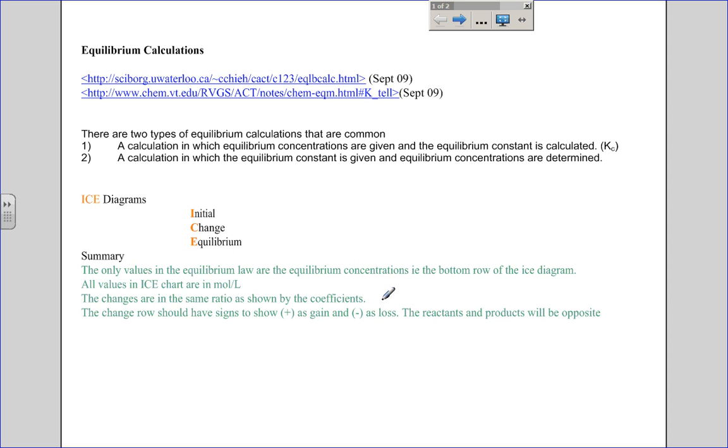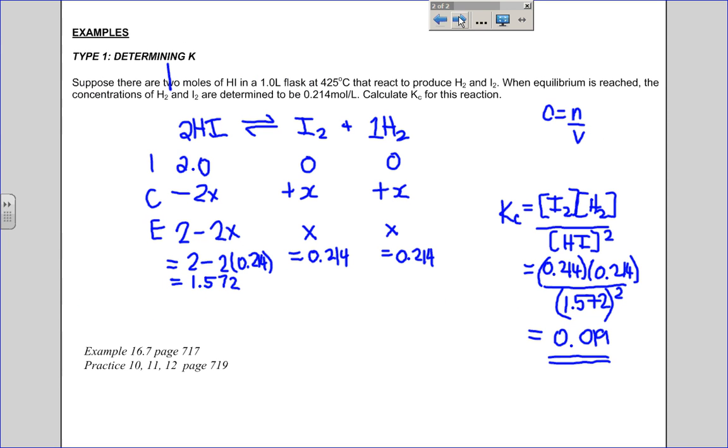So minus 2x, plus 2x, plus 3x, based on whatever the coefficient is in the balanced equation. And the change row should have signs to show the gain and the loss, and the reactants and the products are going to be opposite to one another. And if you look back to your chart, you can see all of those important points put into effect.